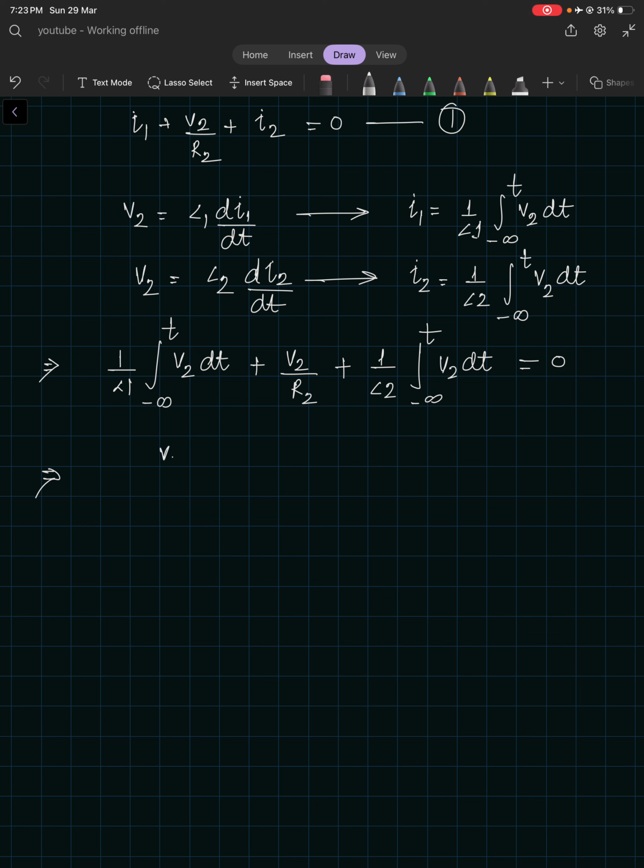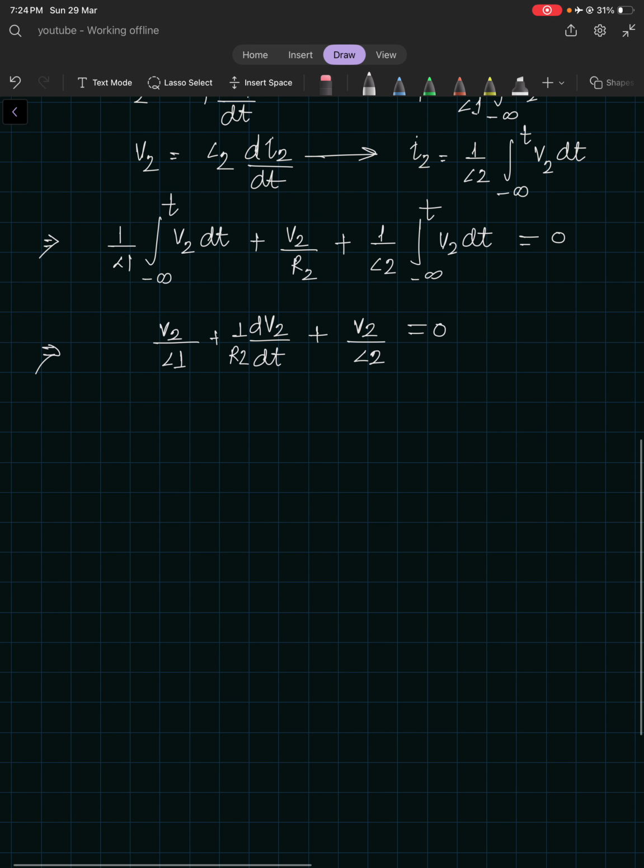So this will become V2 by L1 plus d by dt of V2 by R2, plus V2 by L2 is equal to 0.